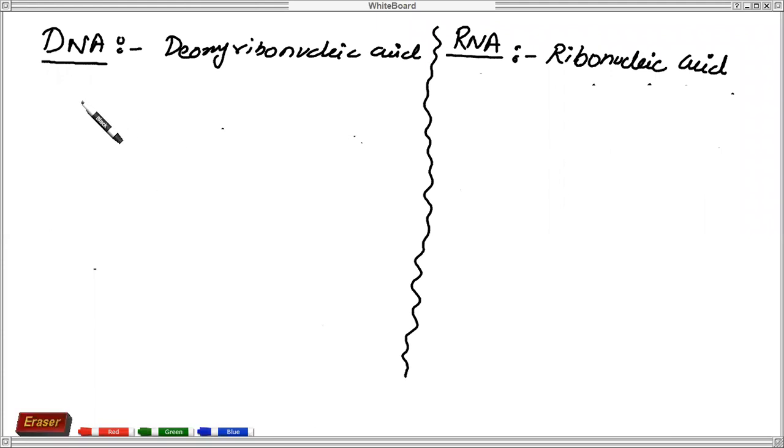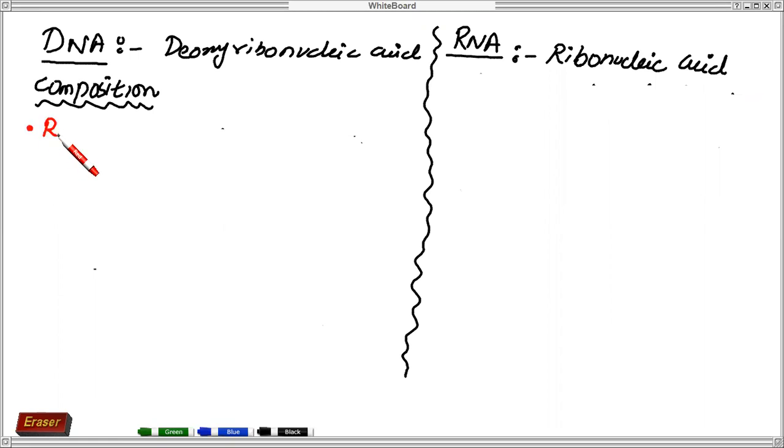As far as the composition of DNA or RNA is concerned, they are made up of ribose sugar, phosphates, and nitrogenous bases.